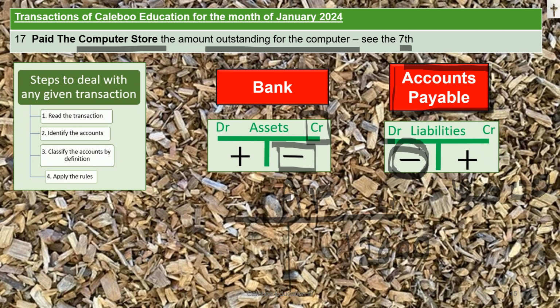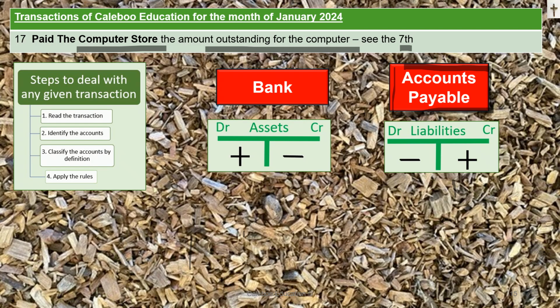So the liability has decreased. Now there's going to be 12,000. And what do we owe this one creditor now? Nothing. Because there's 12,000 on the debit side and 12,000 on the credit side. So that was just using a T account to try and make that a little bit clearer as to what's happened.